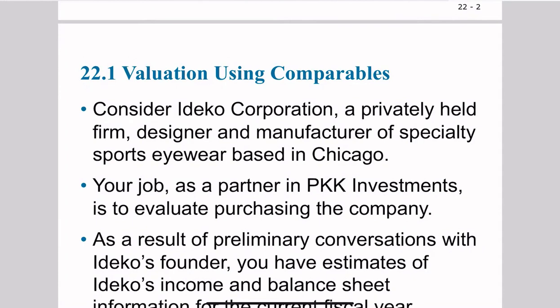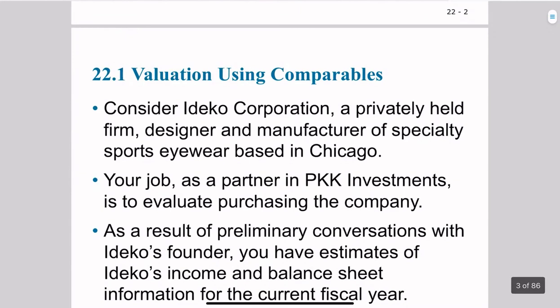Your job as a partner in PKK Investments is to evaluate purchasing the firm. So you can see that this is a private equity story. You can consider PKK Investments as a private equity firm that will want to acquire Idaho Corporation.